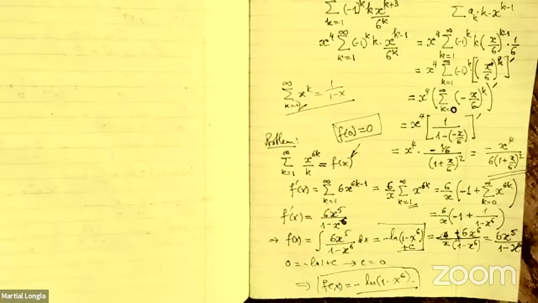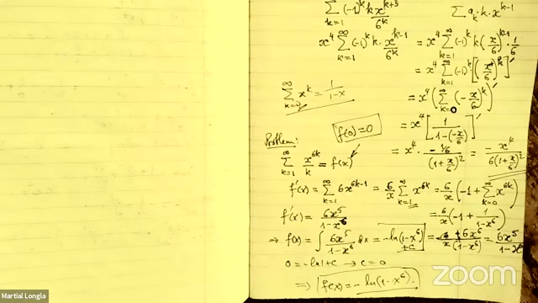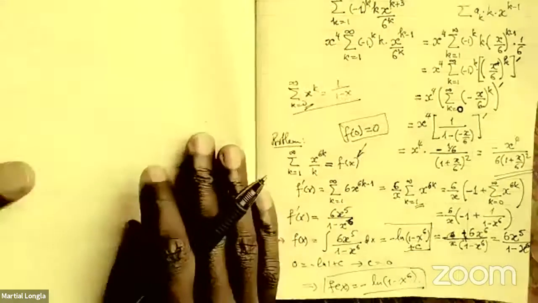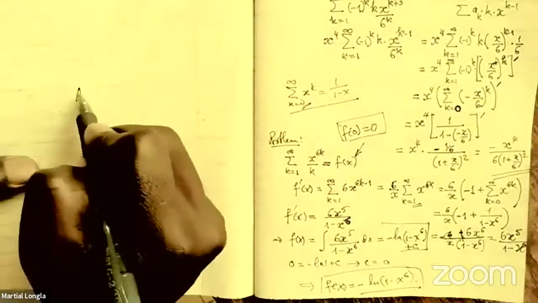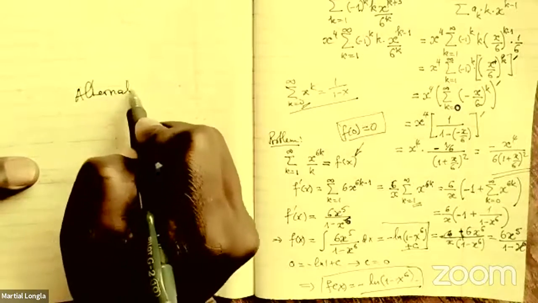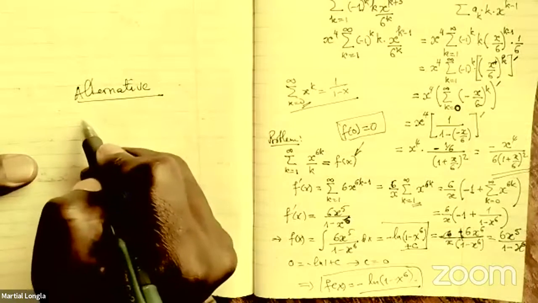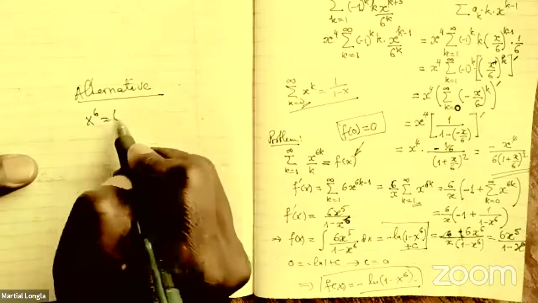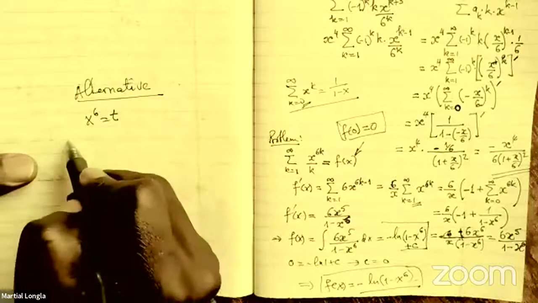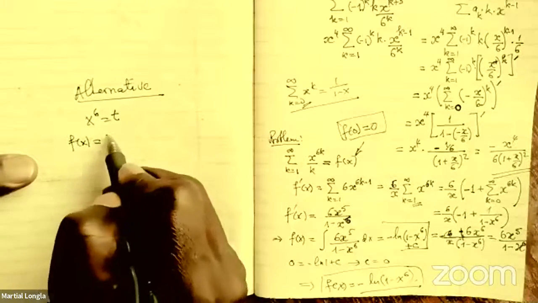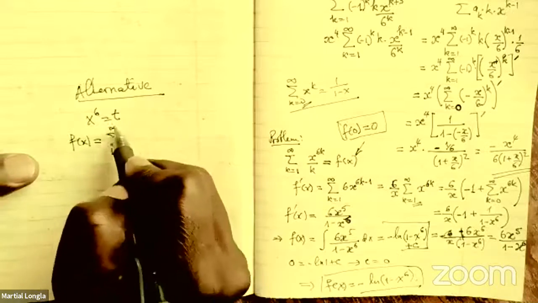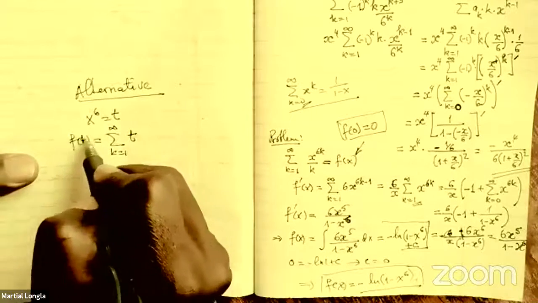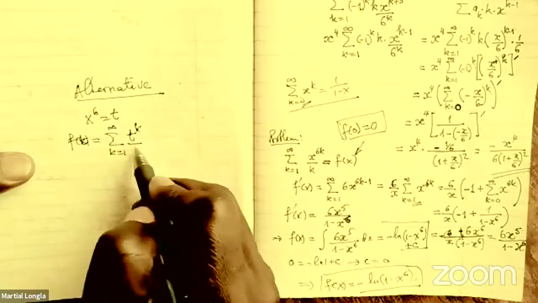So this is what you get from working out the problem. On the other side, if you look at what we did in class before, an alternative answer to this problem would have been to take x to the power 6 equals t. If you replace that, then you have f of x equals the sum from 1 to infinity of t to the power k over k.